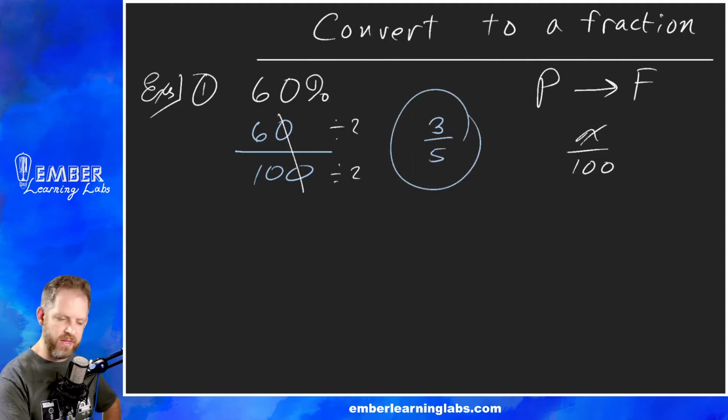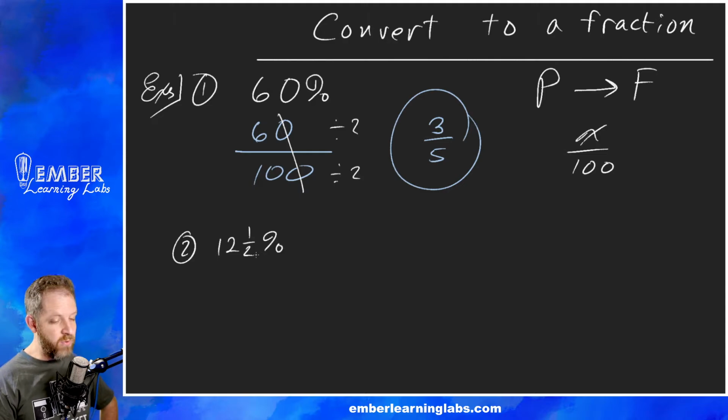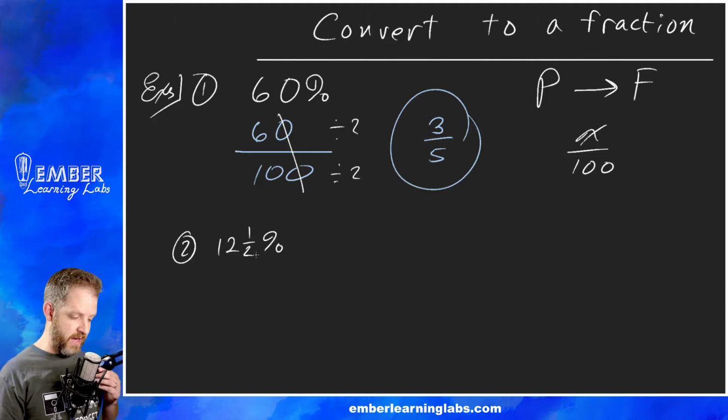All right, let's do another one, kind of like that, but kicking it up a notch. So we're going to convert 12.5% to a fraction. Now, we're really going to do the same thing.